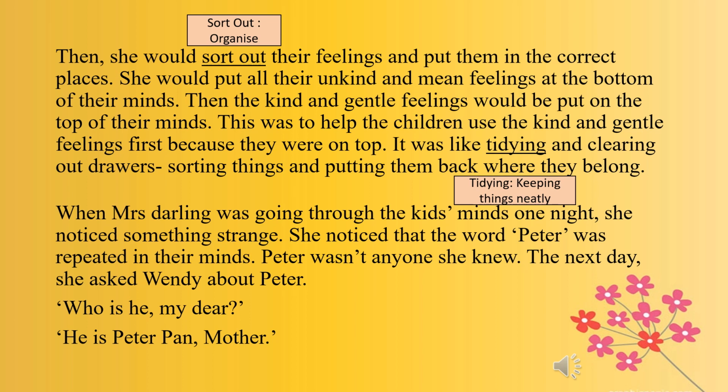This was to help them use the kind and gentle feelings first because they were on top. One night, when she was going through the children's minds, she found the word Peter repeating in their minds. On asking Wendy, she got to know that it was Peter Pan.